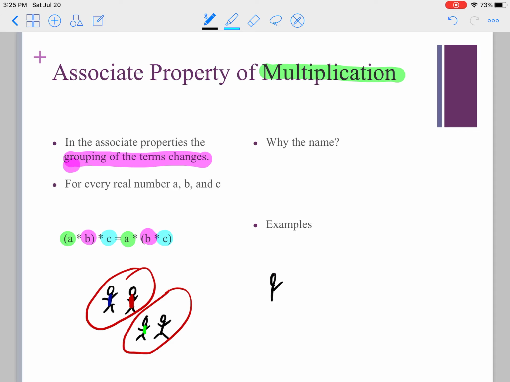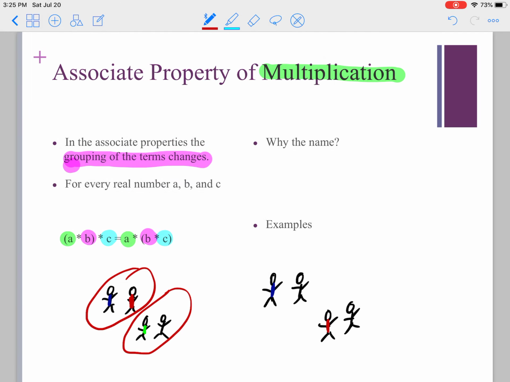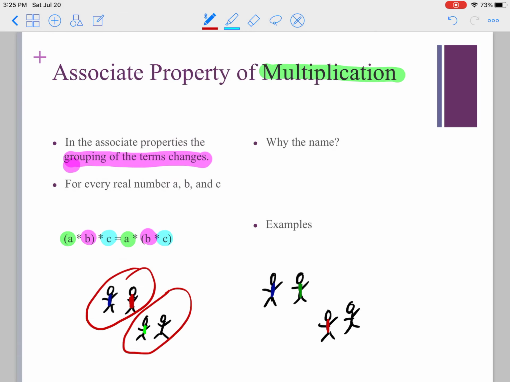And if we change who our friends associate with at the moment, so even if we change that association of who they're hanging out with, and there's the last one, they associate or they're grouped differently, but the value has not changed.